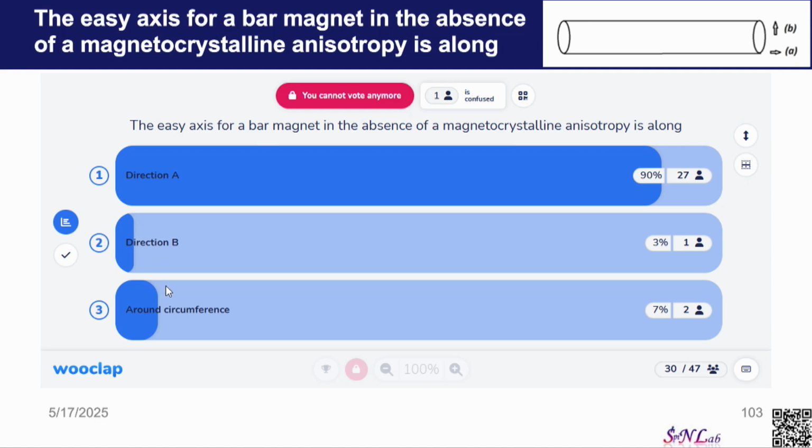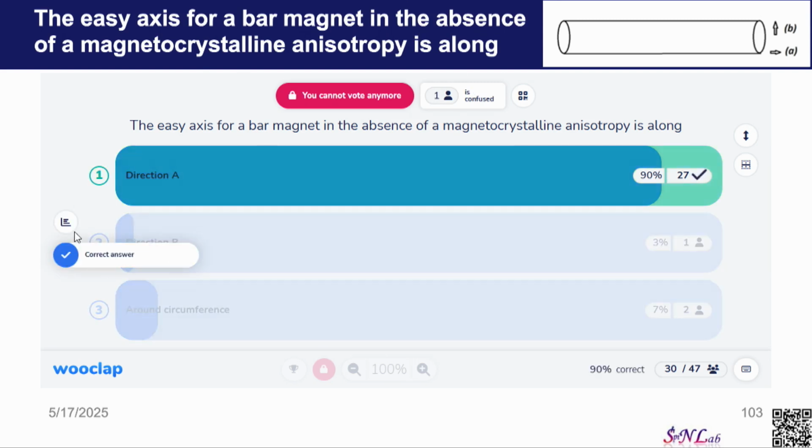I don't know why some of you are still answering wrongly. This should be a very simple question. The correct answer is direction A.